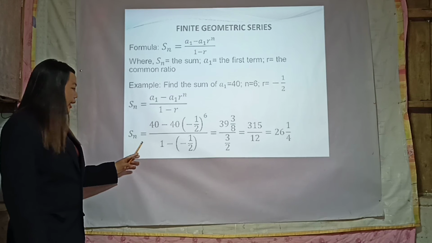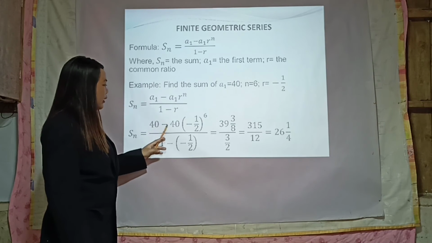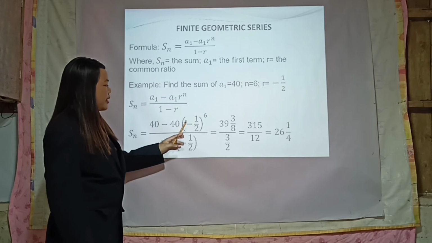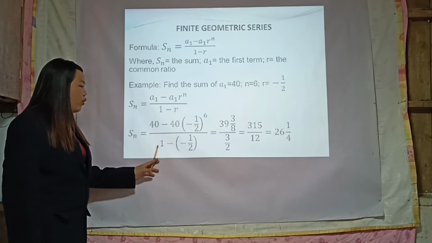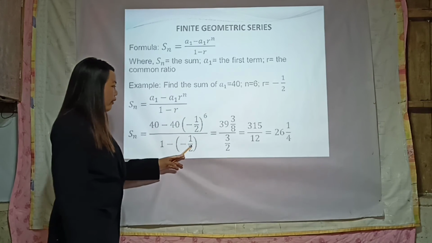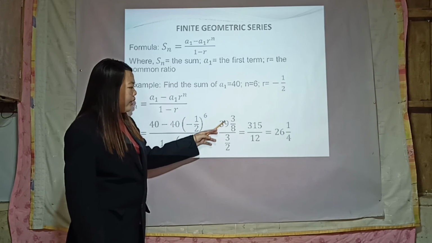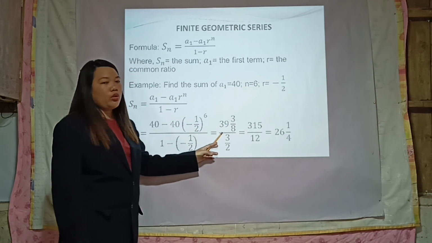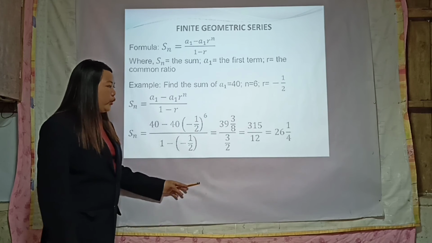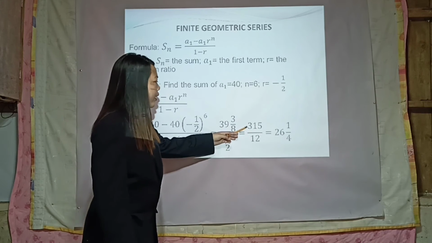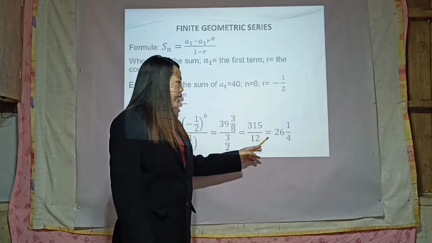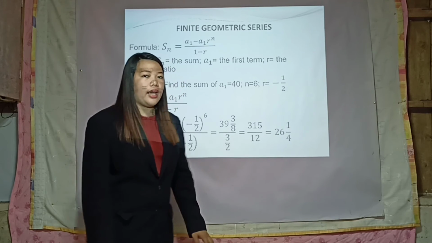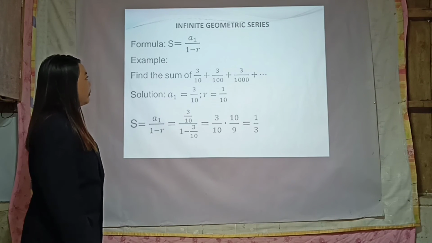So S sub n is equal to 40 minus 40 times negative 1/2 raised to n all over 1 minus negative 1/2. So is equal to 39 and 3/8 all over 3 over 2 is equal to 315 over 12 is equal to 26 and 1/4.